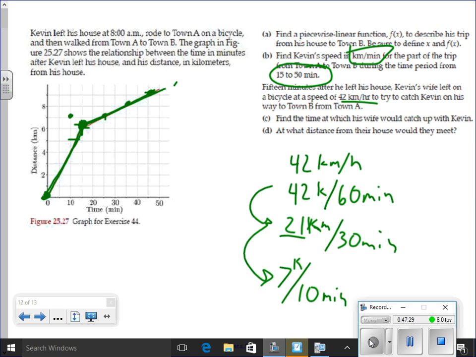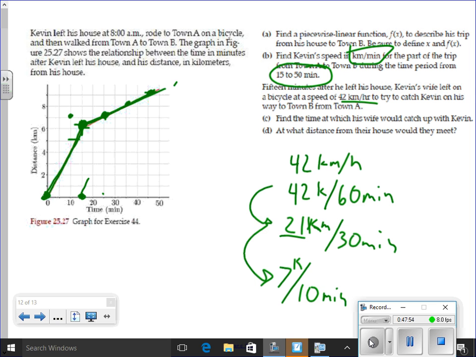But she didn't leave until 15 minutes after he left his house. So 15 minutes later, her distance from home is still here. And she's going to go in the next 10 minutes, so by 25, she's going to be at 7 kilometers.